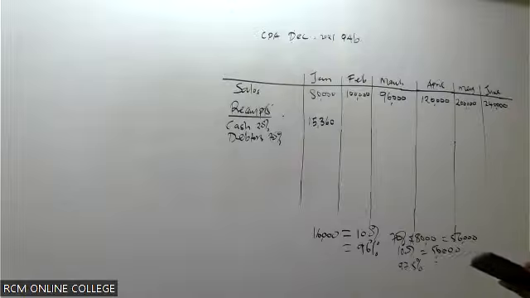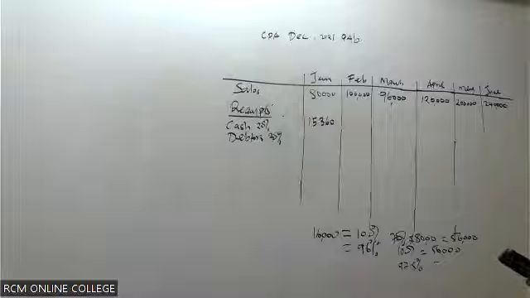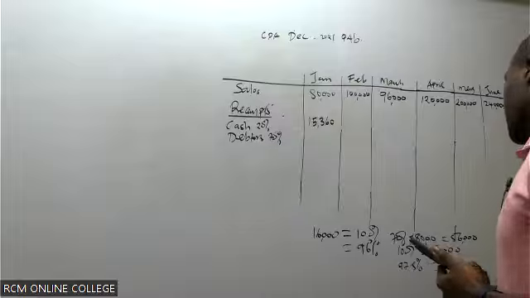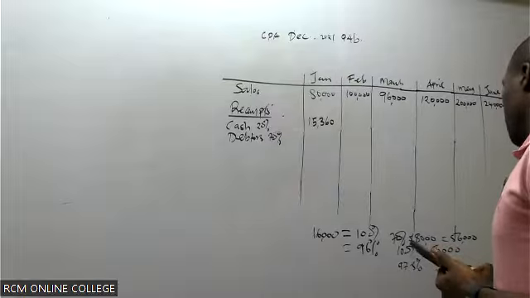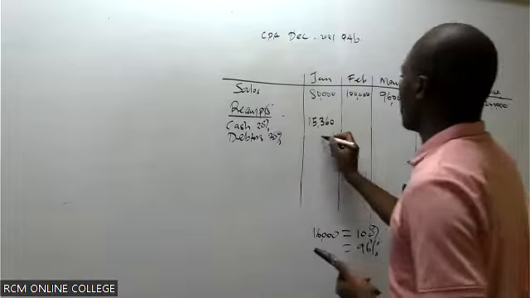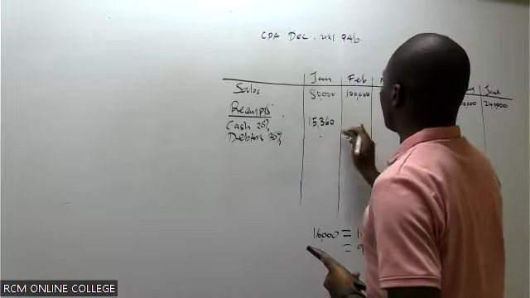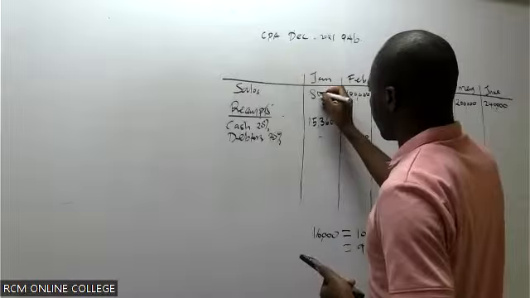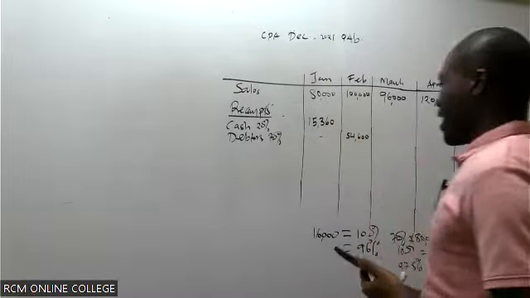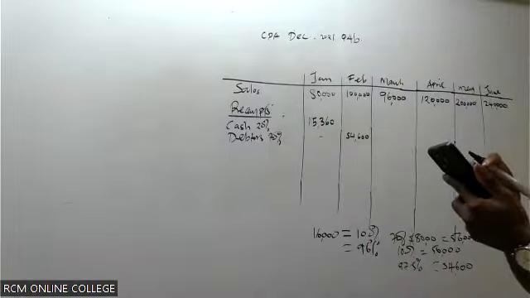Itakuwa ngapi? 97.5% inakuwa ngapi? 54,600. So 54,600 unalipa the following month. Hiyo ni ya hapa juu. Hii sales ya January.